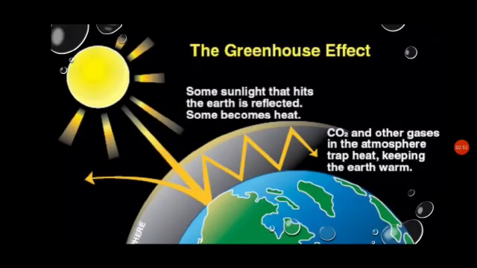You can see the sun's radiation hits the earth and is reflected. Some of it is reflected back and some is trapped as heat in the atmosphere. The greenhouse gases in the atmosphere trap this heat energy and keep the earth warm.